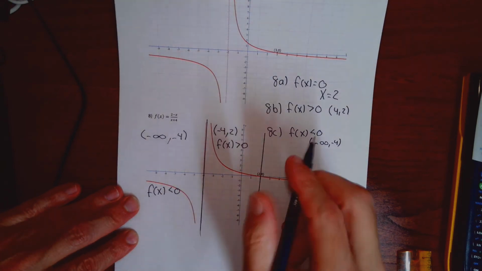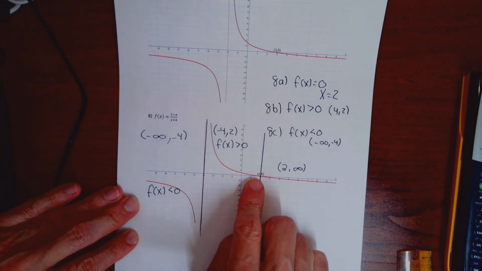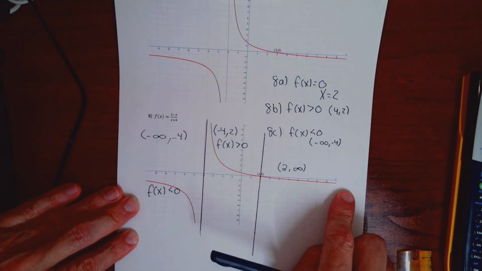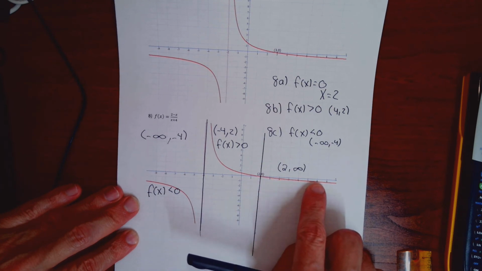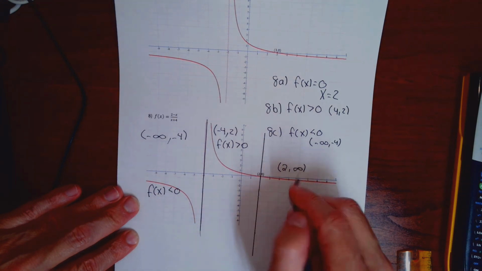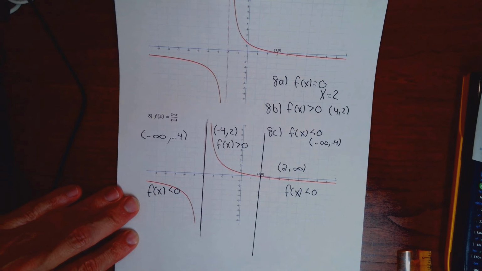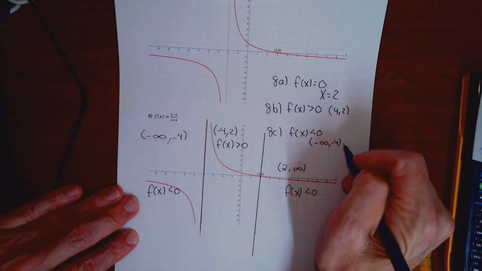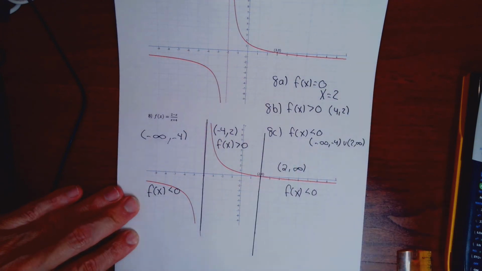The last interval is going to go from 2 to infinity, the x-coordinate of the x-intercept, all the way up for the rest of the graph. And even though the graph isn't very much below the x-axis, it's below the x-axis. So for this region of the graph, the y's are negative. And this region is going to be a solution to f of x is less than 0. So in my answer, I'm going to put that into my less than answer.